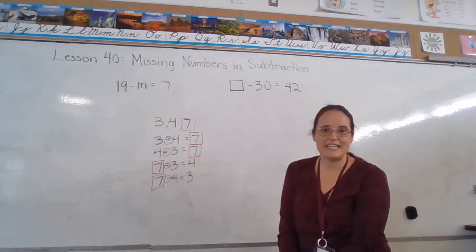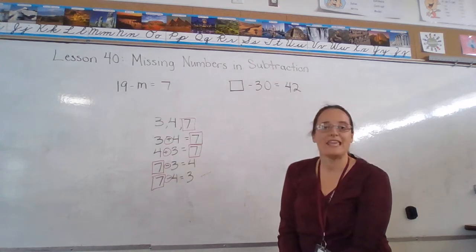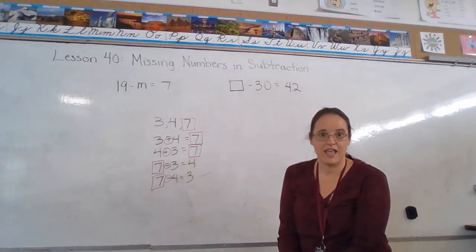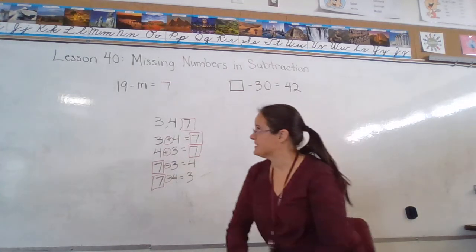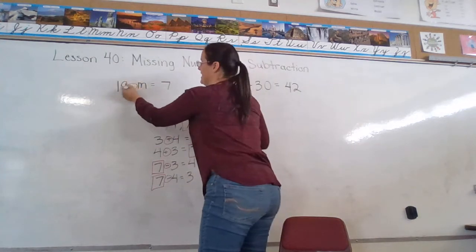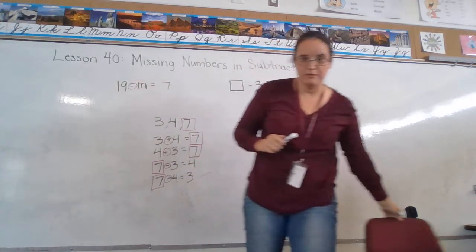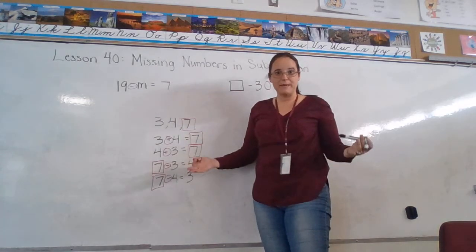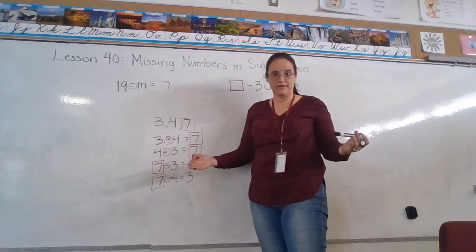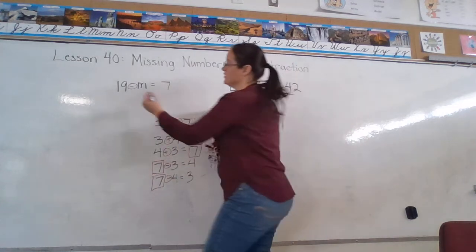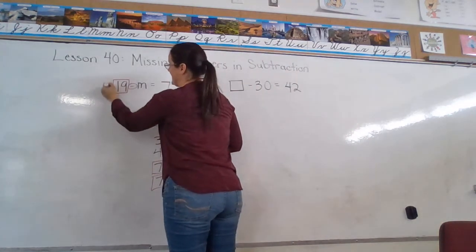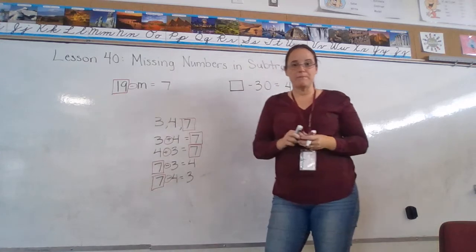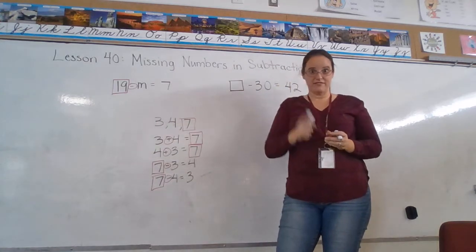So let's look at our first example. We have 19 minus m equals 7. The first thing I want you to notice is this is a subtraction problem. So in a subtraction problem, where's my big number? It's at the beginning. So we know that 19 is going to be the biggest number in this fact family.